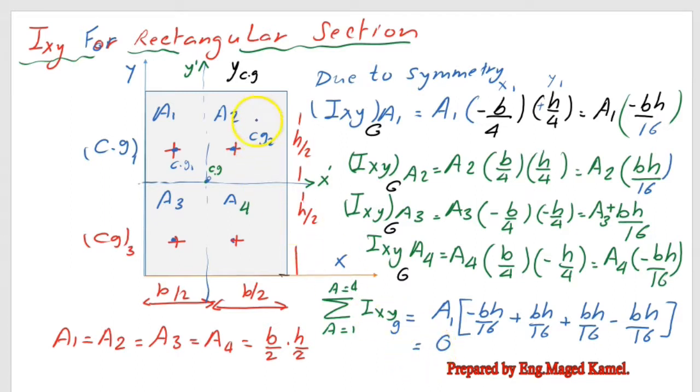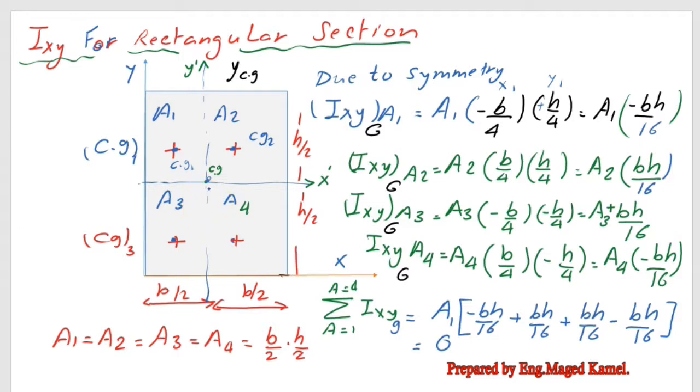That's why for a symmetrical section, we find that the Ixy value will become 0. That's why we call these x dash and y dash principal axes. The principal axes are the axes for which the product moment of inertia is equal to 0.